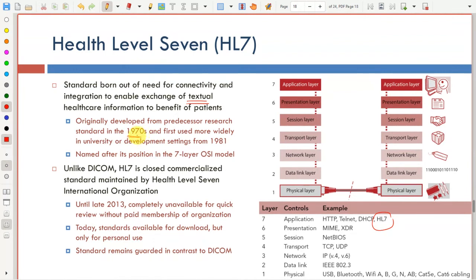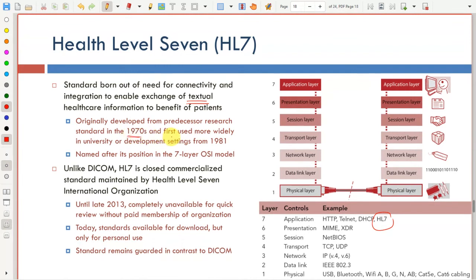In the 1970s, most of the information was related to some parts of the EHR, like lab results, for example, a list of medications, a report from a doctor, things of that sort. And you're talking about a very early standard that became available in the 1970s.